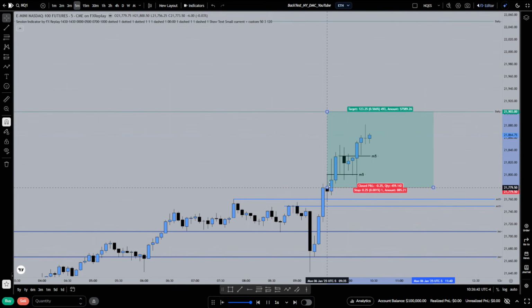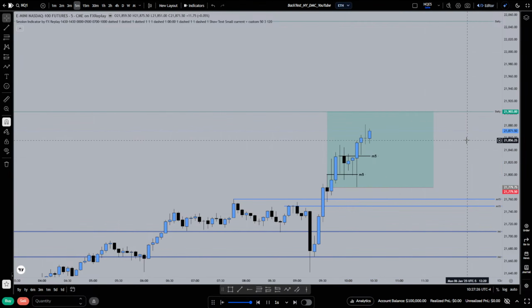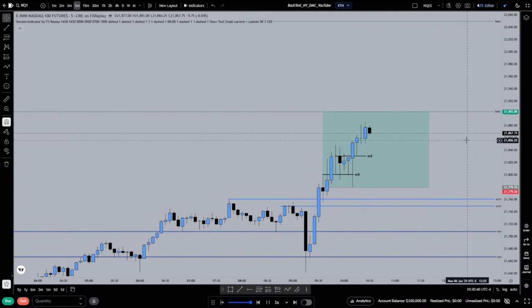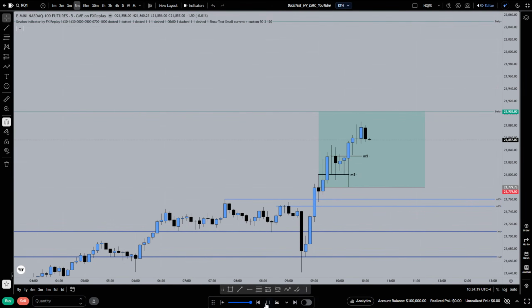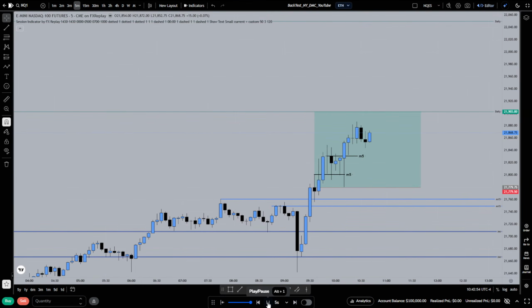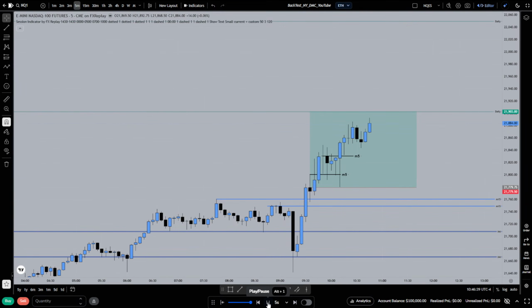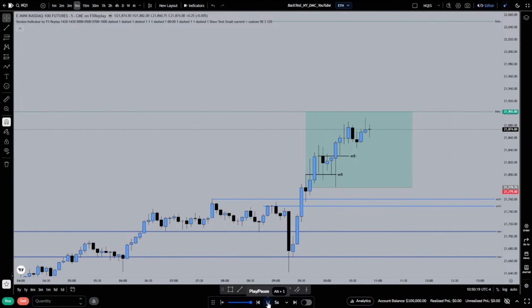Now also the stop loss is now at break even, so I'm now getting close to this, almost touching this one.